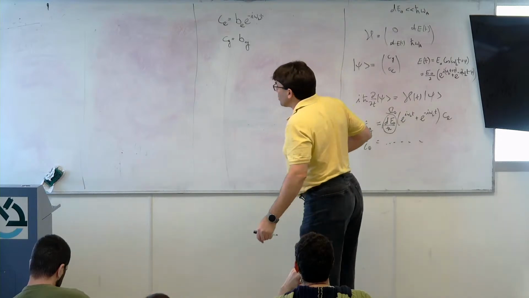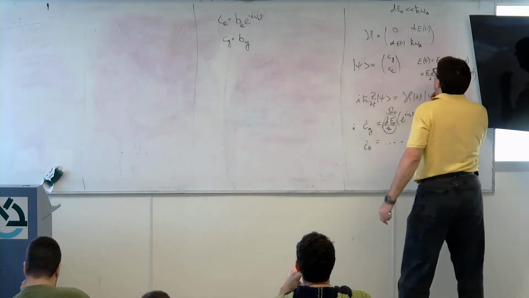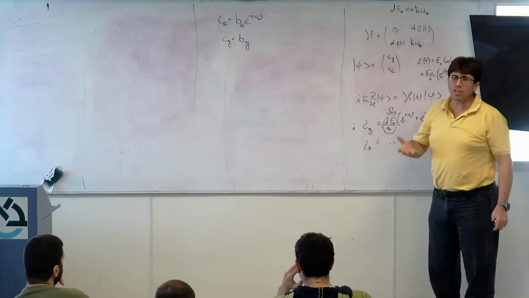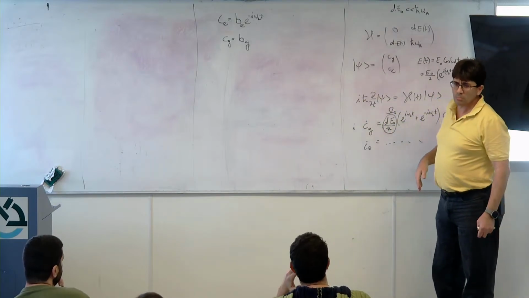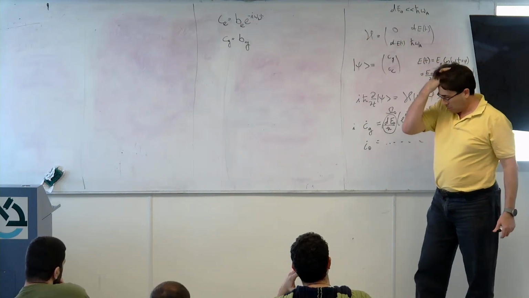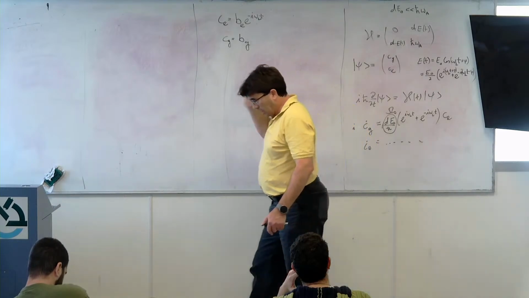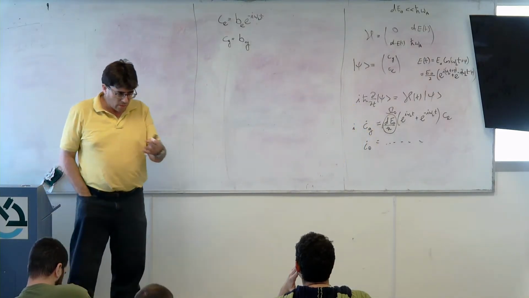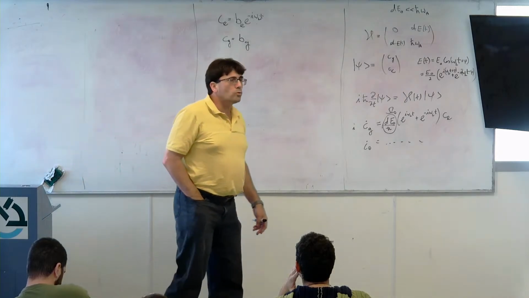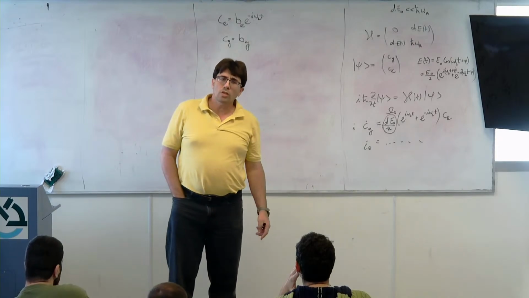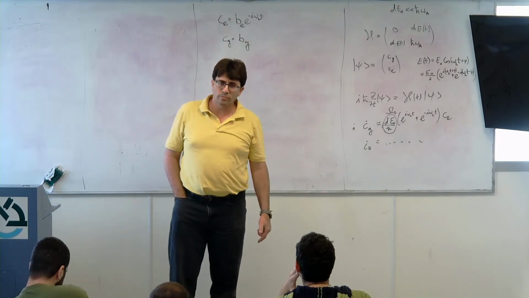Then I could say, look, this matrix, it's not diagonal, but it's close. These elements are much smaller than the diagonal. And therefore, it makes sense to assume a solution which is close to the solution that you would expect.